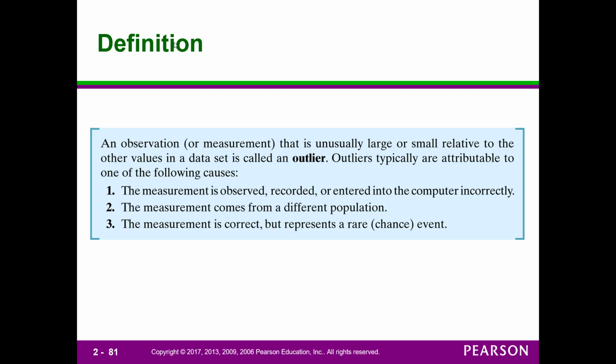Outliers typically are attributable to one of the following causes. 1. The measurement is observed, recorded, or entered into the computer incorrectly. 2. The measurement comes from a different population. 3.